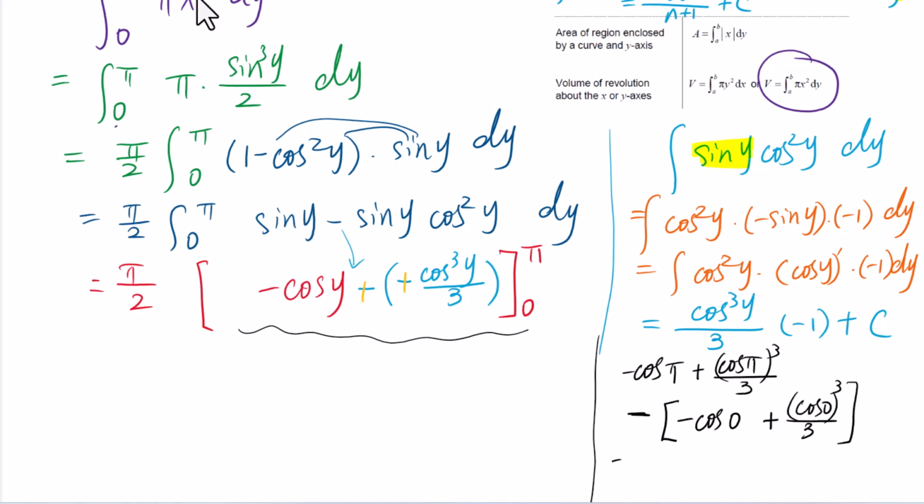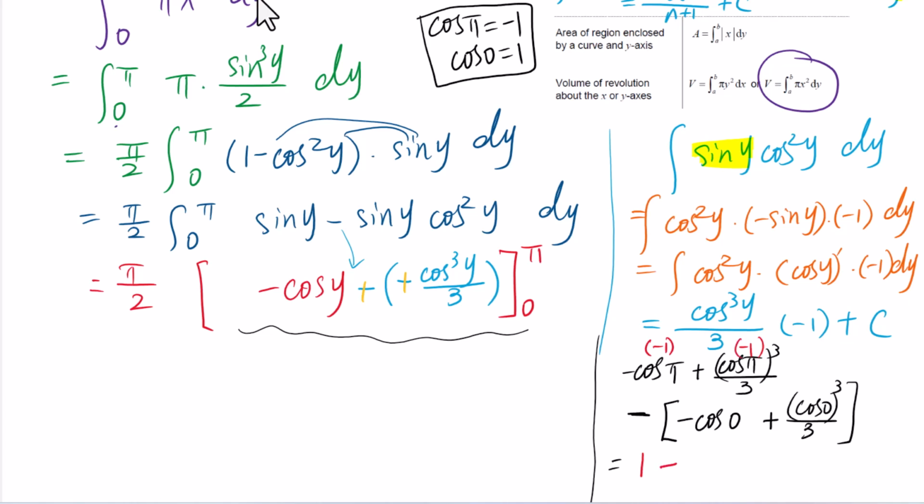Work this out. Cosine pi is negative 1. Cosine 0 is 1. Negative negative is a positive 1. Negative 1 to the third power over 3 is minus 1 over 3, minus bracket, negative 1 plus 1 over 3.